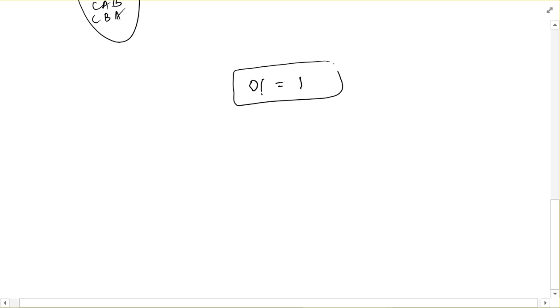So the number of ways to arrange zero things is 0 factorial, and that must be 1, because there is one way to not do anything. If someone asks in how many ways you will not do something, there is one way: I'll not do that thing. So that is one way of explaining how 0 factorial is equal to 1.